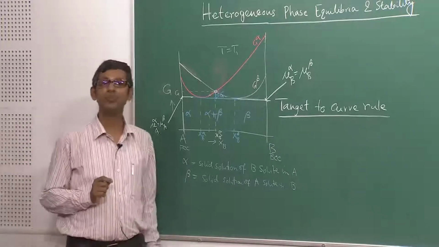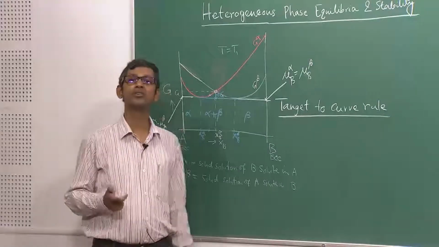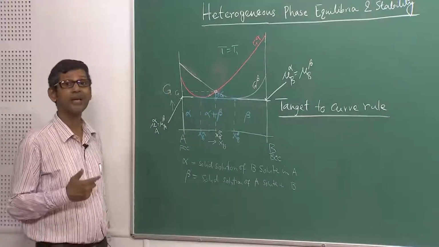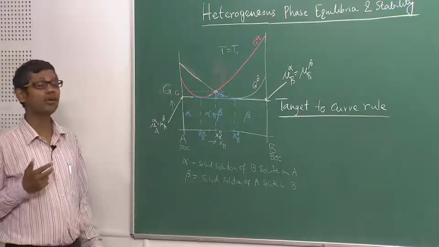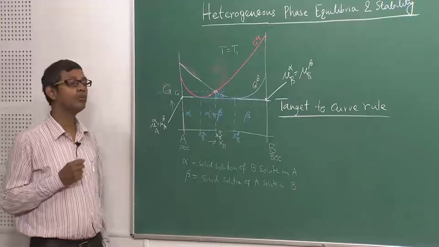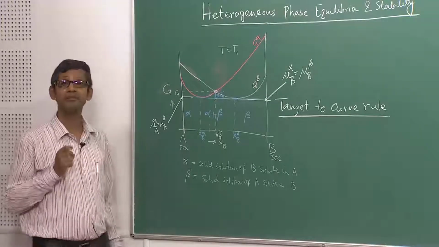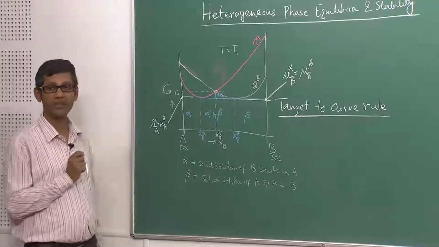This is a very important concept, because in the next lecture I am going to use this concept extensively to arrive at the stable composition range for the different phase mixtures. And I would like you to have a very clear idea how I am drawing it and how I am explaining it.